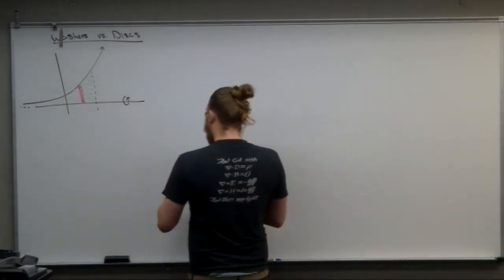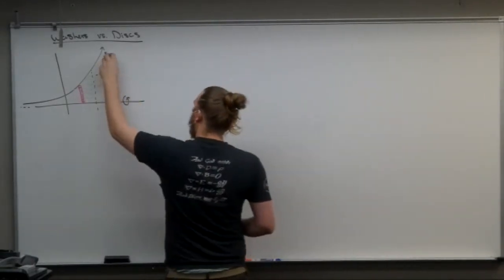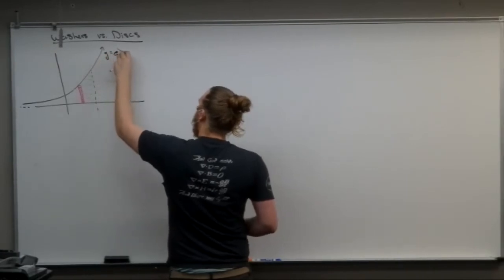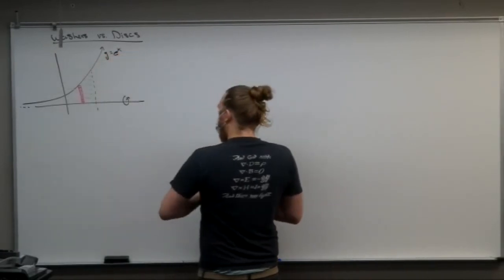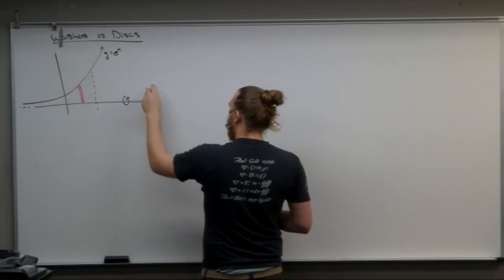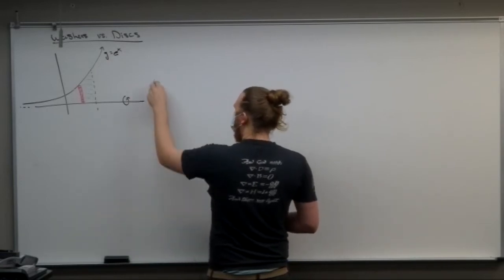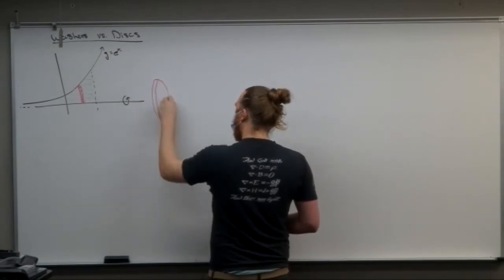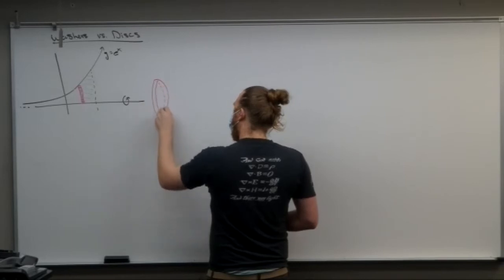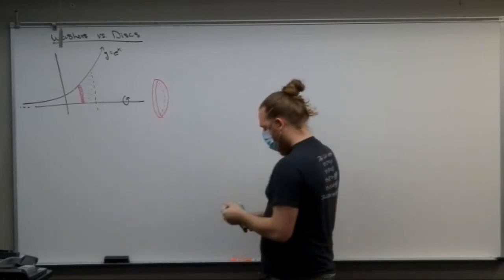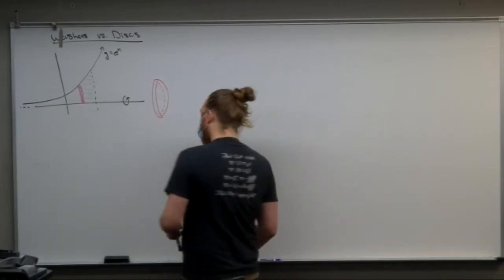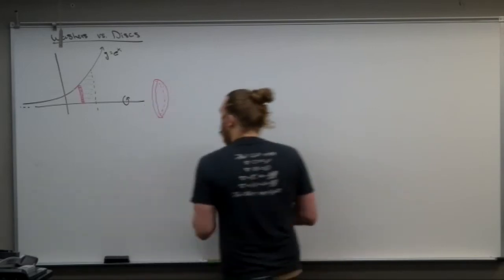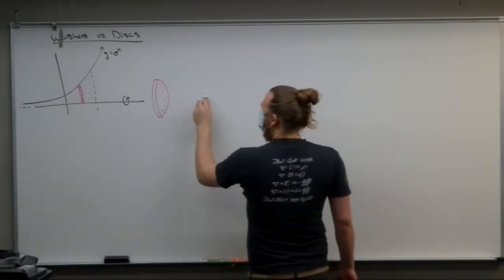So when I took the curve that we were just working with, y equals e to the x, the region from 0 to 1 bounded by that and the x-axis, rotated about the x-axis, I got a disk. If I were to move that axis of rotation down a little bit, maybe it'll help to also sketch the full solid here.